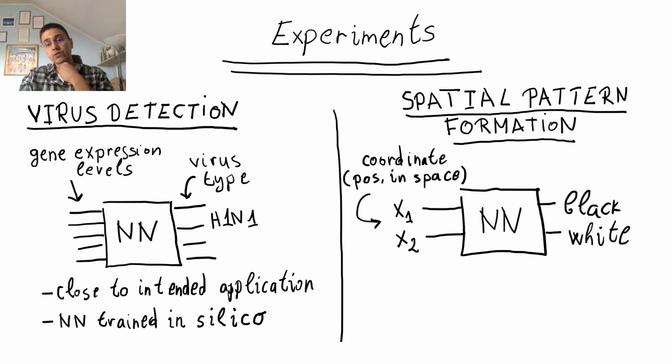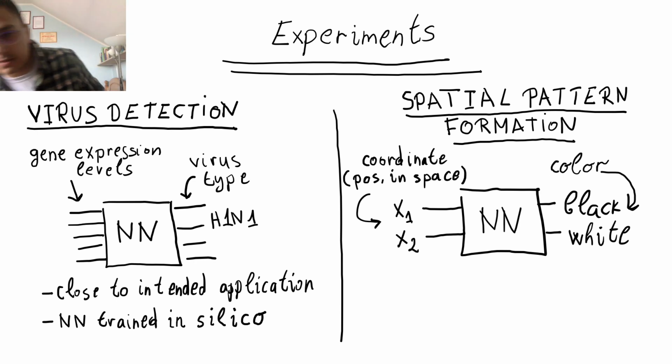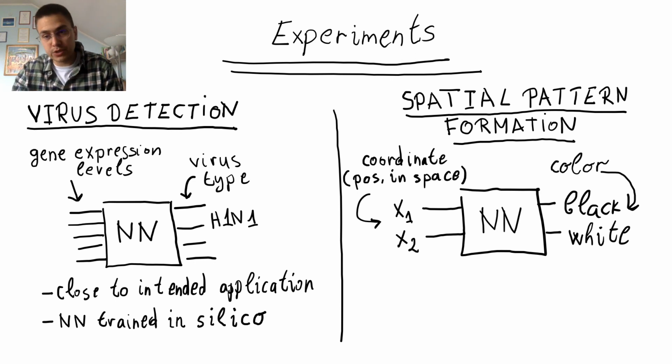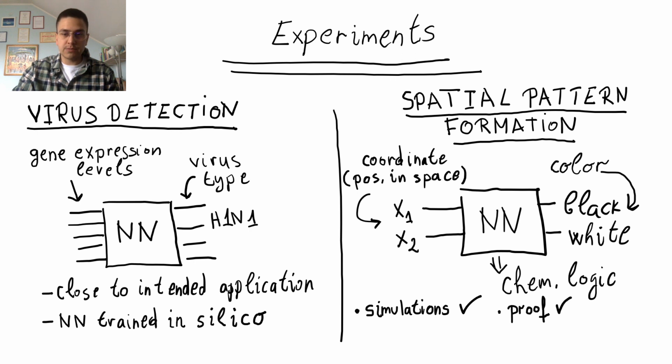The neural network is trained to predict the pixel or the color, such as black or white. In this way, you can train a neural network to learn a pattern. Based on a position in space, the neural network will output the color that's present at that position. Now we translate this neural network to chemical logic and show via simulations and proof that the behavior of the chemical network is equivalent to the neural network.